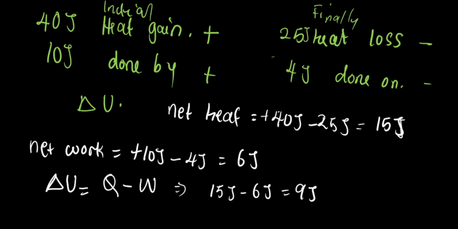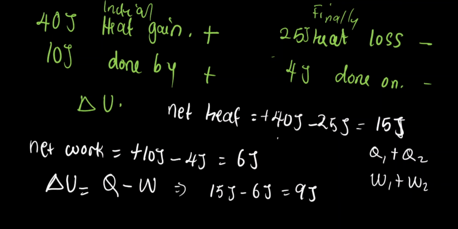Of course, for the net heat, it was basically Q1 plus Q2, and for the net work, it was W1 plus W2. However, because we already have our sign conventions, here it was 40 joules plus negative 25 joules, and that's why we have simply 40 minus 25.